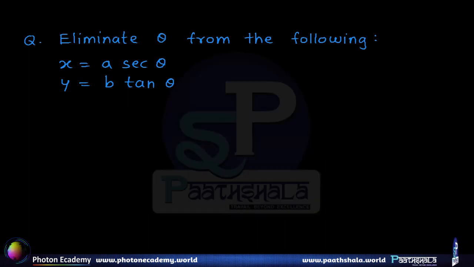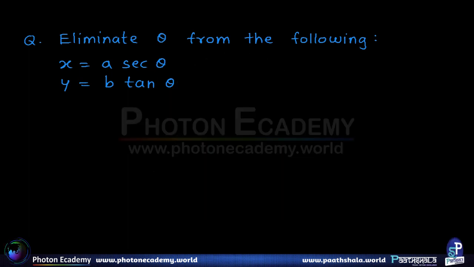The meaning of eliminate theta is that we have to arrive at a relation in all the other variables or the arbitrary constants mentioned in the given information. Apart from theta we have x and y as well as a and b. So the job is to form some relation between these four quantities in which theta will not be present. That's the meaning of eliminate theta.